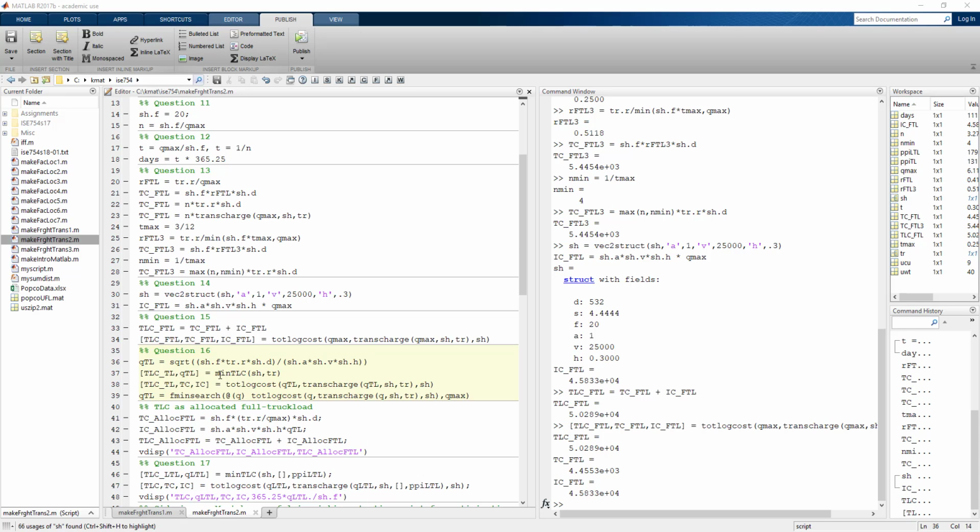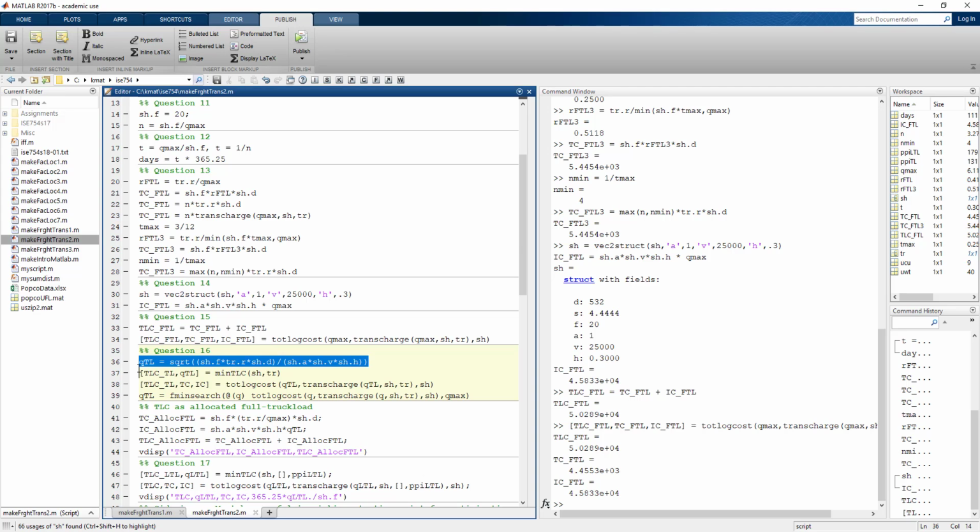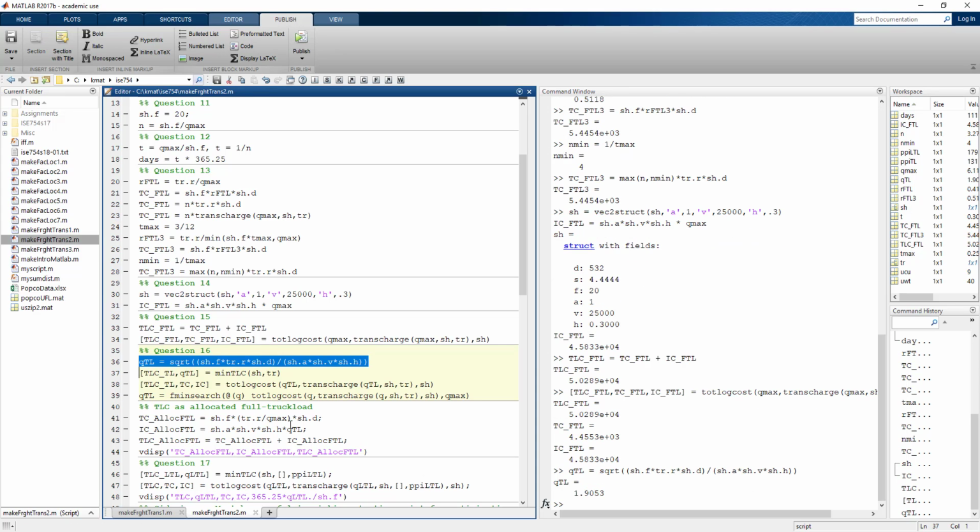For question 16, instead of shipping full truckloads, we're trying to determine, given that we're going to be shipping independent point-to-point truckloads, would it be better, given the inventory cost considerations, to ship less than that? Well, we can solve it as essentially an EOQ type calculation, where we have an approximate formula that's just the square root of the different terms, and we end up with a value of about 1.9 tons.